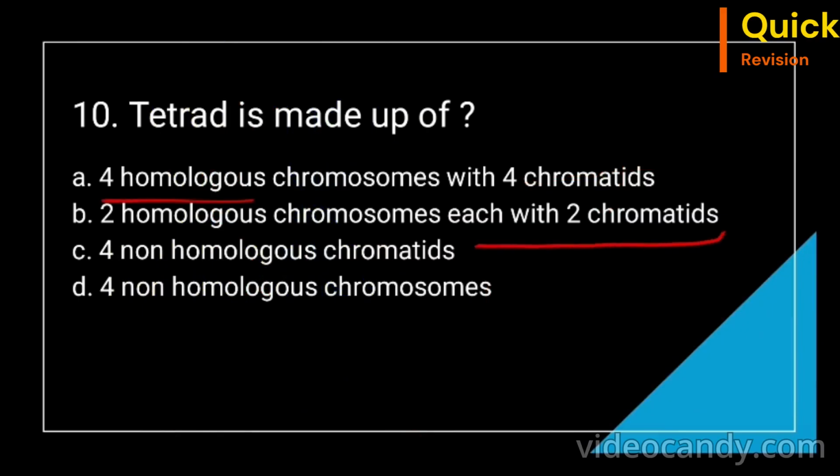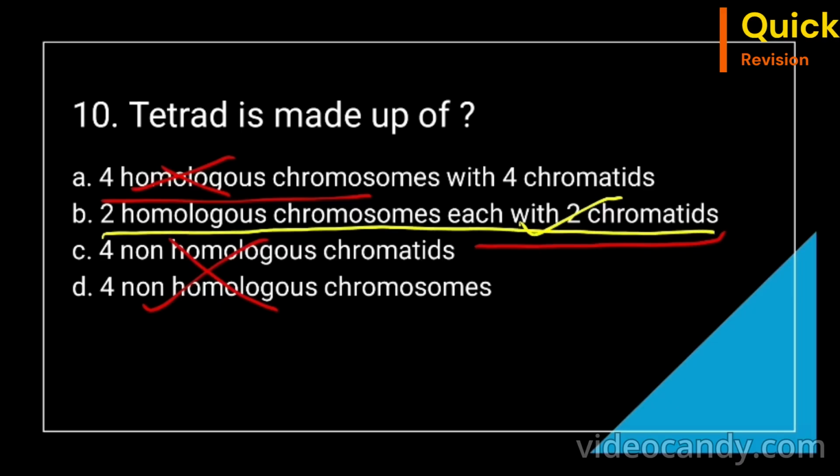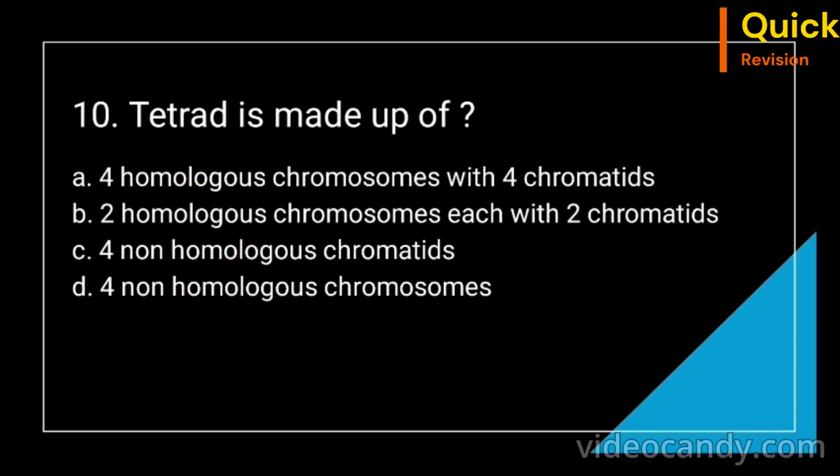We don't have 4 homologous chromosomes, so that's wrong. Not non-homologous, so completely wrong. So the correct answer will be option B, 2 homologous chromosomes each with 2 chromatids. B will be the correct answer.